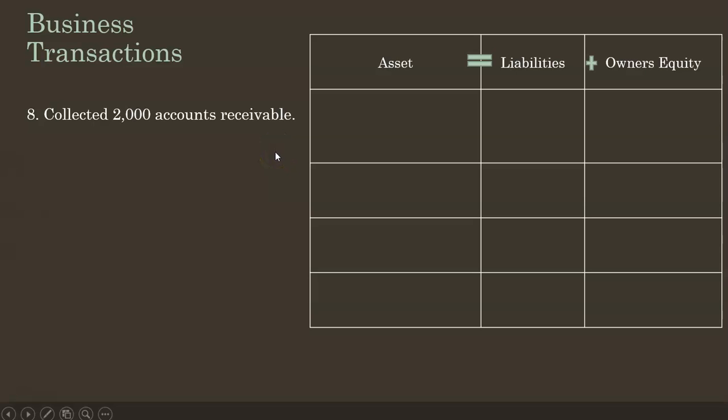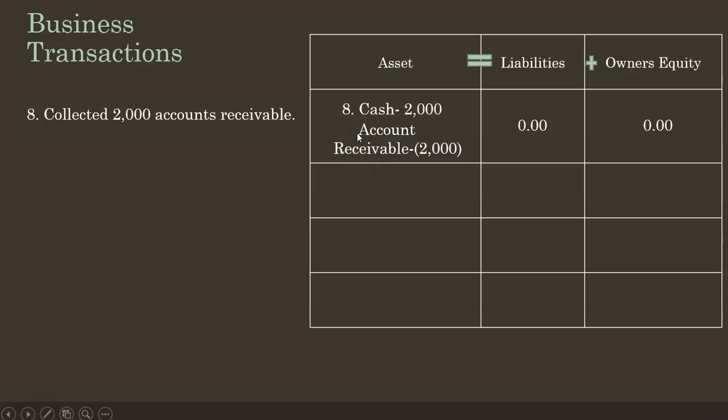Okay, what is the entry or what is the effect on the accounting equation? So, cash, debit 2,000. Yan, nag-increase yung asset, liabilities, no effect. And owner's equity, of course, no effect. What is the effect? Yeah, account receivable.